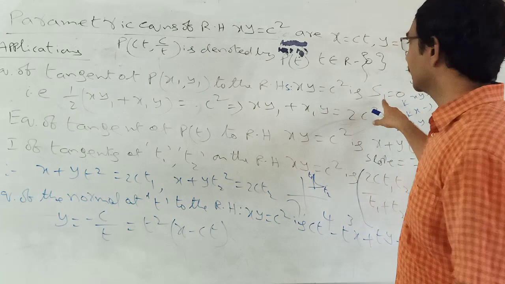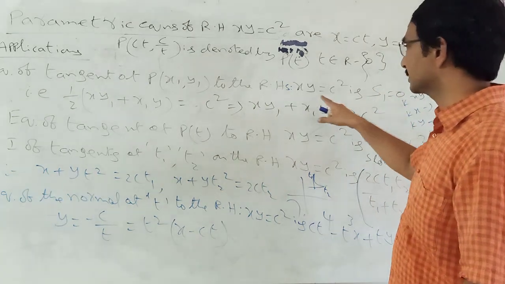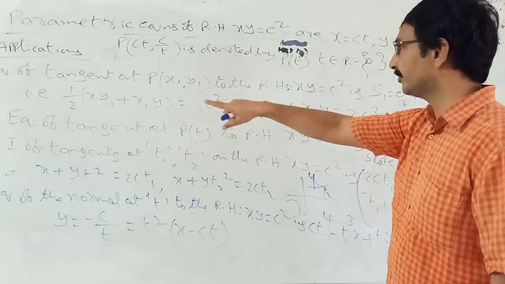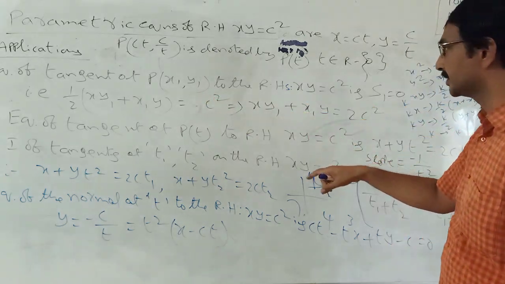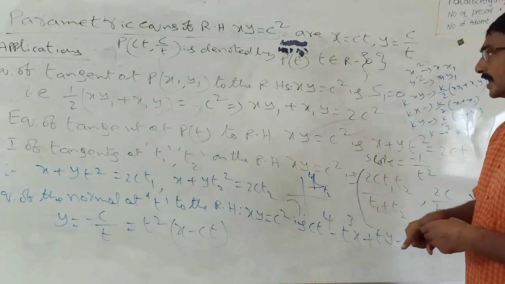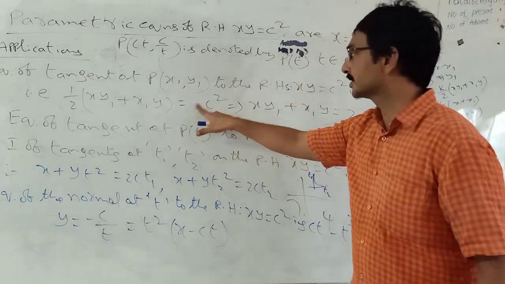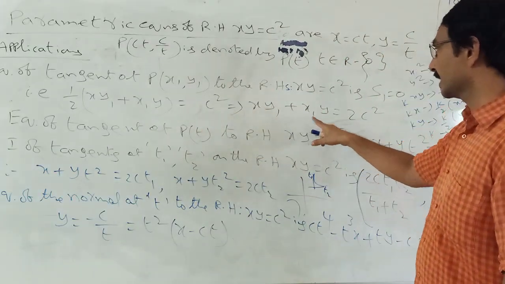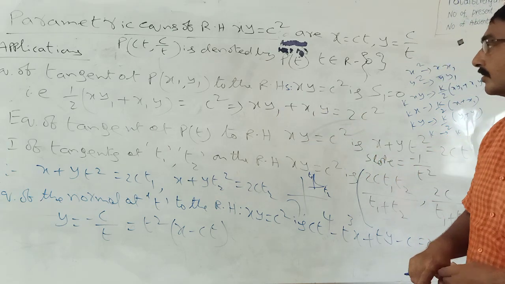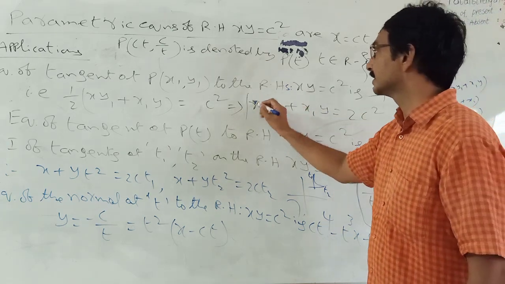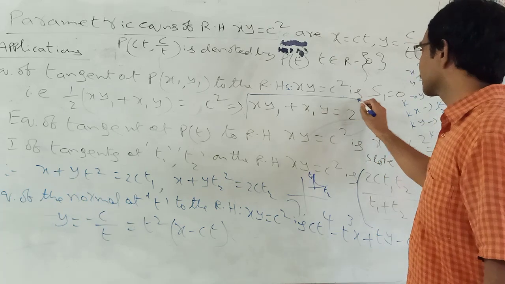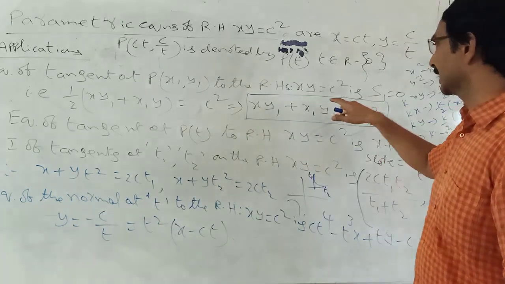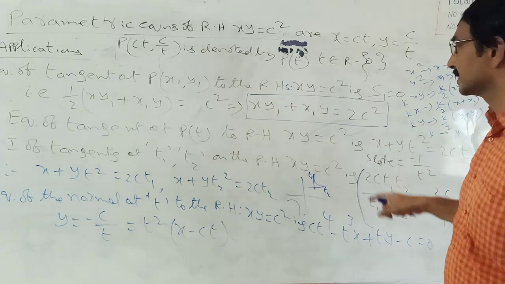The coefficient here is 1. Therefore s1 equal to 0 gives 1 by 2 into (x y1 plus x1 y) equal to c square. By simplifying, x y1 plus x1 y equal to 2c square. So learn this by heart. This is the formula for the equation of the tangent at x1 comma y1 to the rectangular hyperbola xy equal to c square.